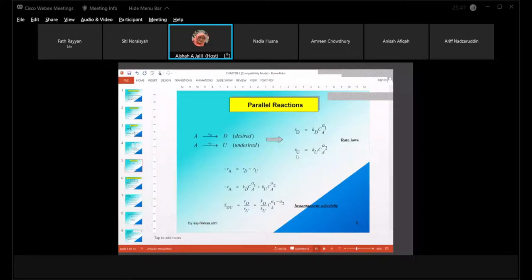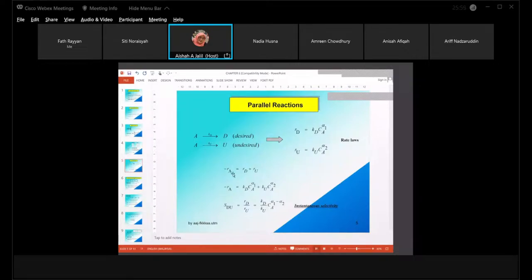And then let's say RU equals KU CA to the power of alpha 2. This is the rate law for the desired and undesired product.